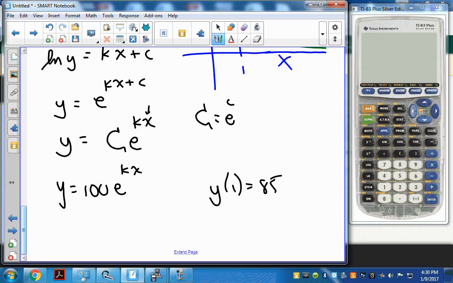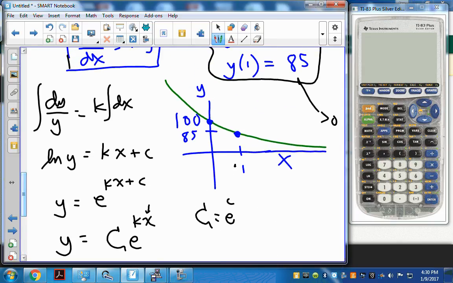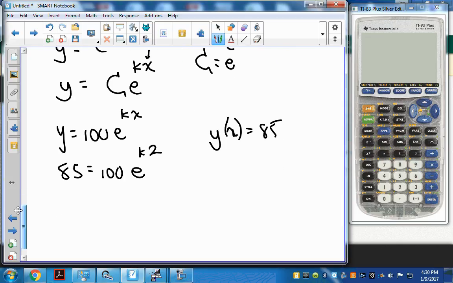Maybe, just to change it up a little bit, let's call this 2 instead of 1 so that we have a different x value. So it doesn't always have to be 1. In fact, the initial condition doesn't have to be 0 either. But now we have when x is 2, y is 85.